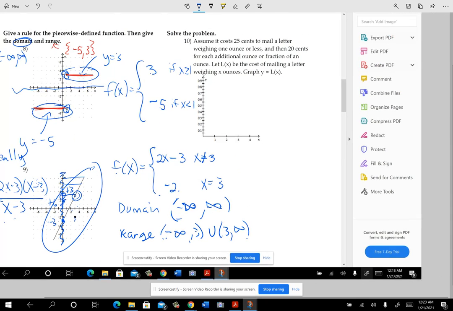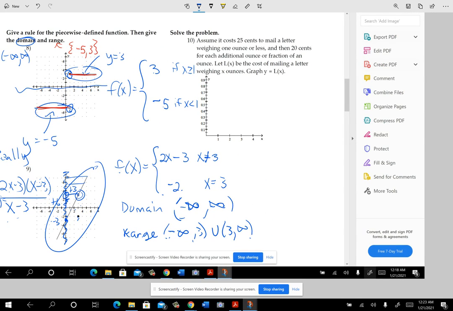All right, now number 10 is just a word problem dealing with postal rates. We did a problem with postal rates and then went on and did the limits, so this should look a little familiar to you. On this one, it's 25 cents to mail a package weighing 1 ounce or less, 25 cents.